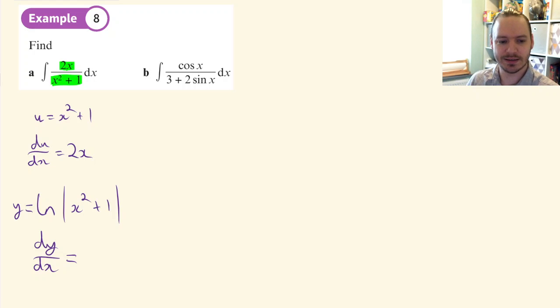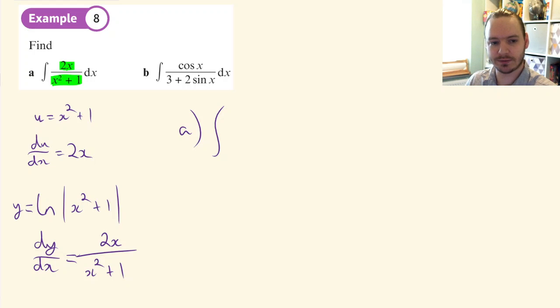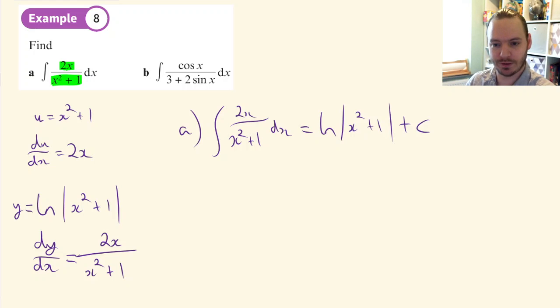So in this case, dy by dx is going to be the derivative of this, 2x, over this, x squared plus 1, and that exactly matches my integration. So the answer to my part A integration is the integral of 2x over x squared plus 1 dx is just ln of x squared plus 1. But we also need this constant of integration just in case.